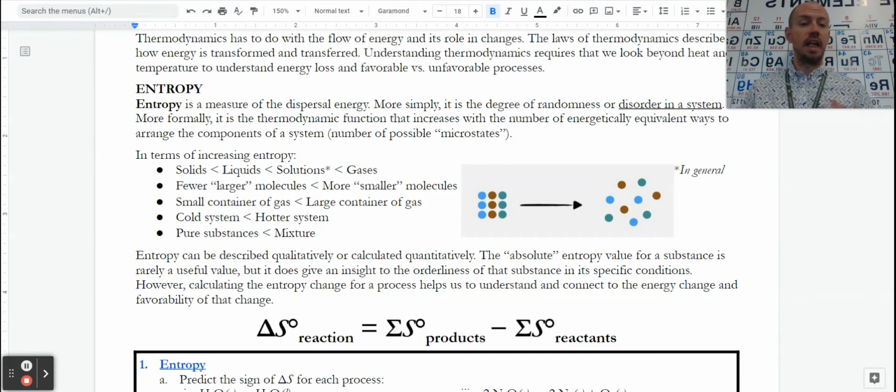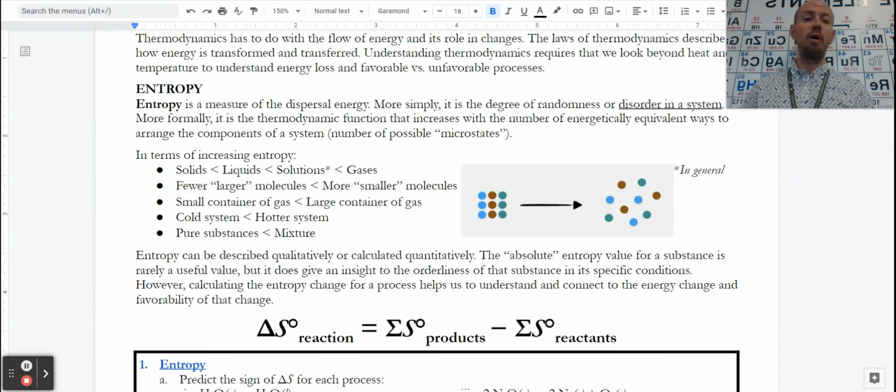We can define it even more formally or more precisely by talking about all the microstates, or all the different ways I can arrange my molecules within a system that is still the same system. All of those are different ways of just saying, when I look at what I'm starting with compared to what I'm ending with, how neatly arranged or orderly is that?